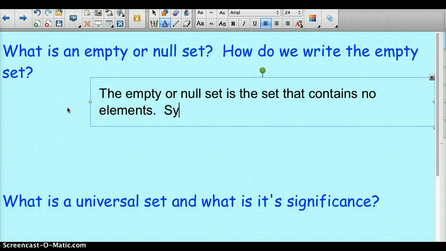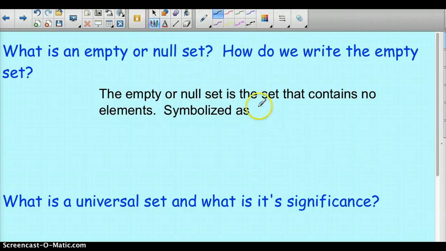This can be symbolized as, we can do it as an empty set, so that's just basically a set of braces with nothing in it, or 0 with a line through it. That's basically what we've got there.